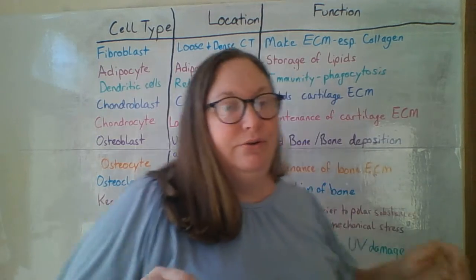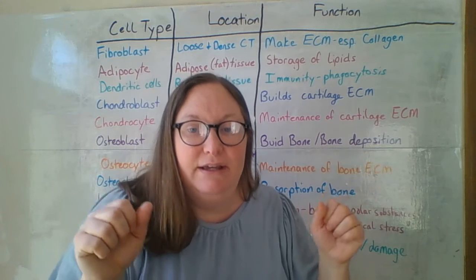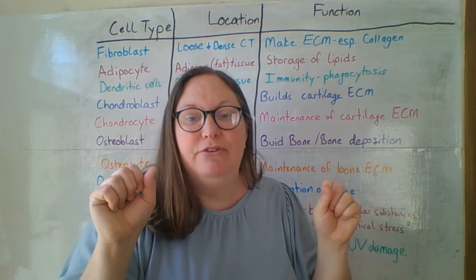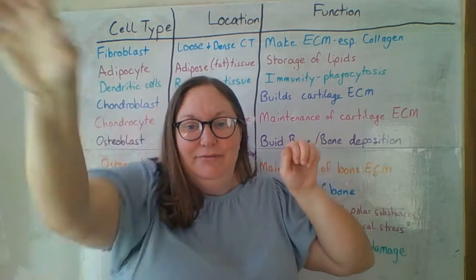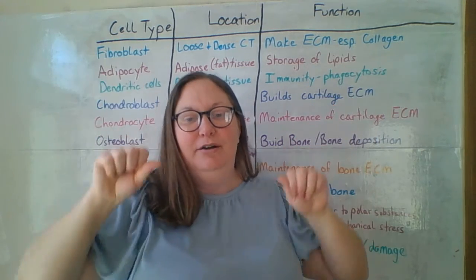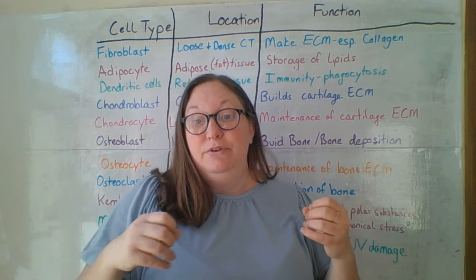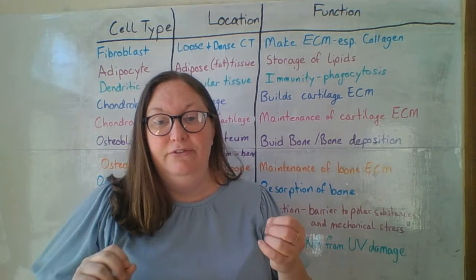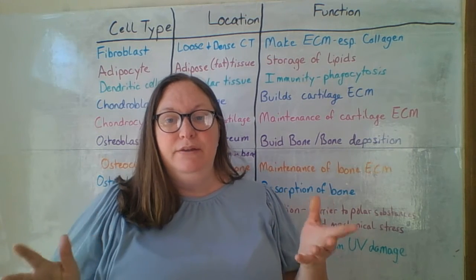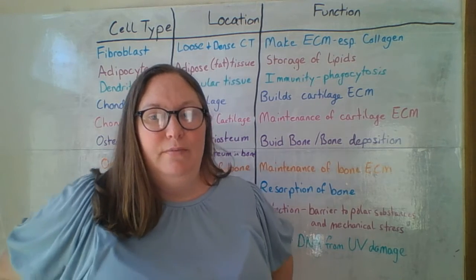What they do is function as phagocytes for the immune system. I picture them as being perched on the reticular fibers, and they can reach out and grab pathogens. That could be bacteria, that could be cancer cells that have metastasized, things that shouldn't be in our lymph or in our blood.